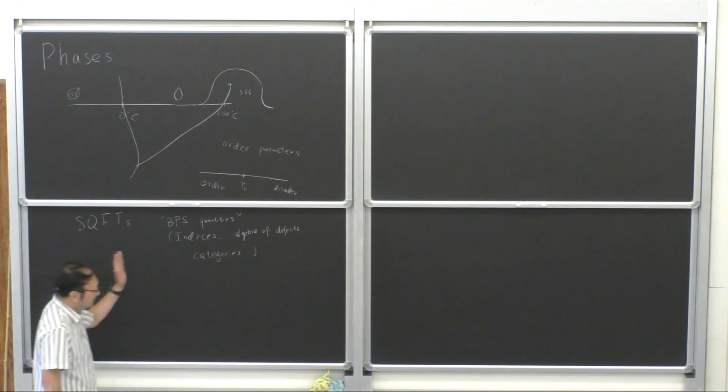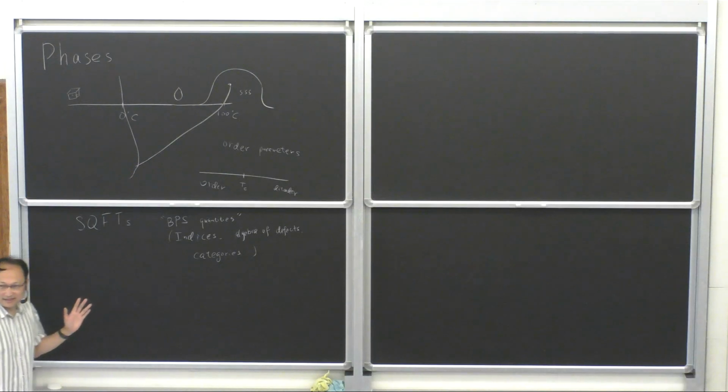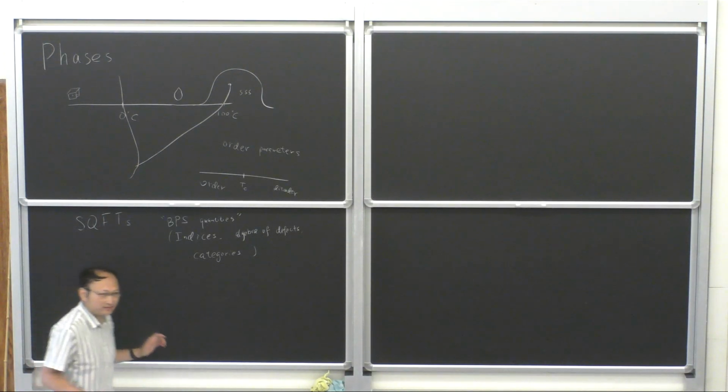And these, in principle, can be used as order parameters that help us distinguish phases of supersymmetric quantum field theories.